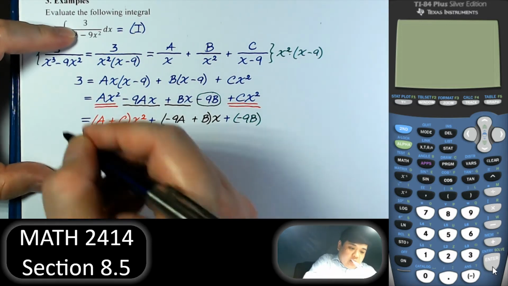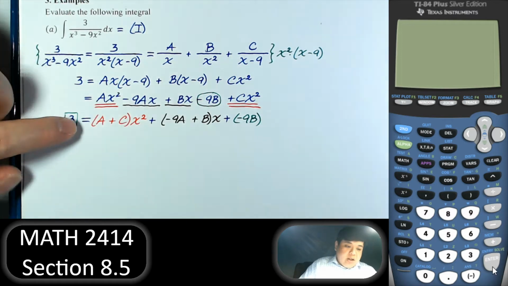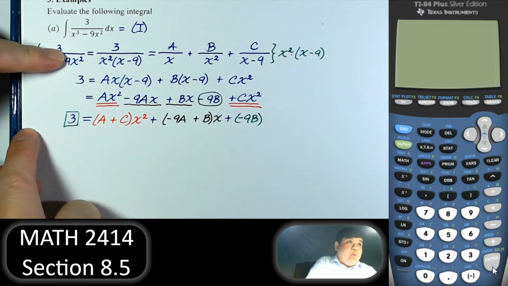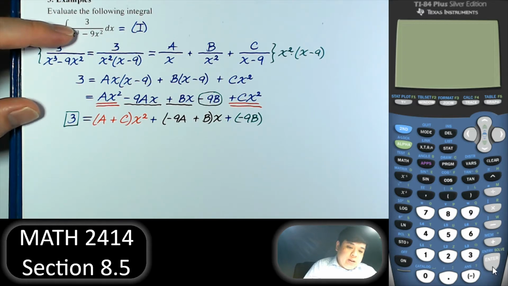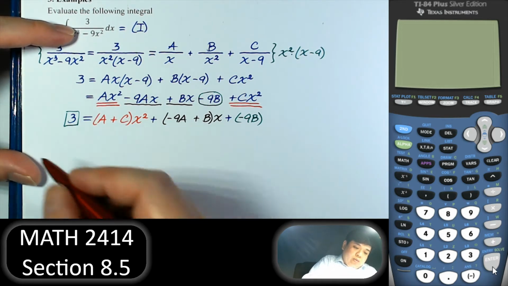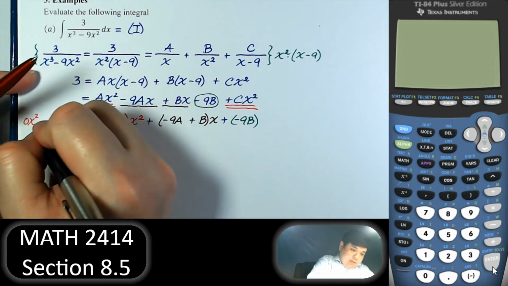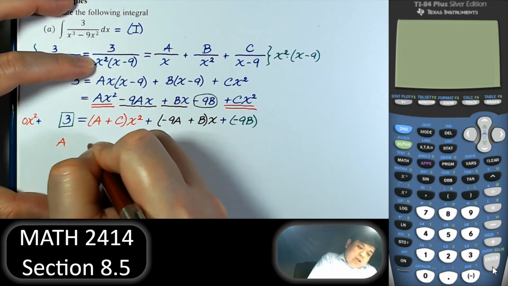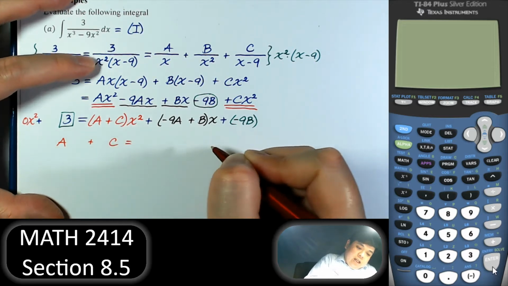Right. The right hand side though, we have 3. 3 is the constant. So we match x squared with x squared, which we don't have any x squared here. x with x, which we don't have anything here. So that's what we can do. A plus c equal to 0 because there's no x squared on this side. So A, there's no B, there's a C equal to 0.